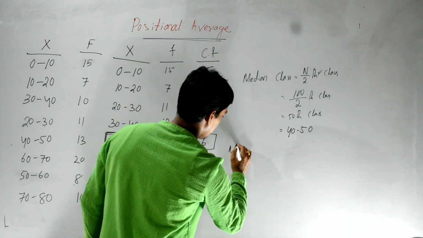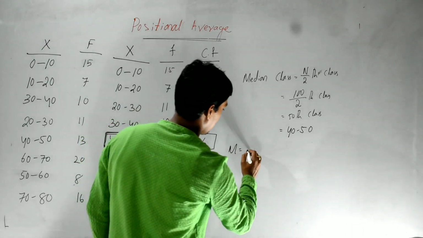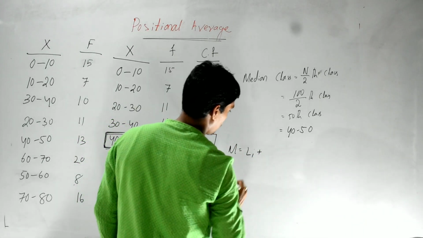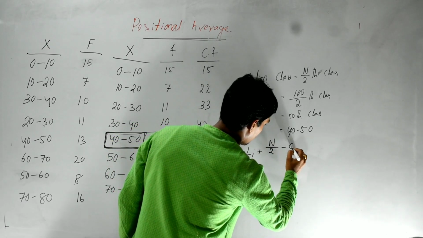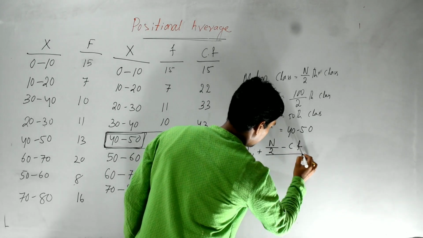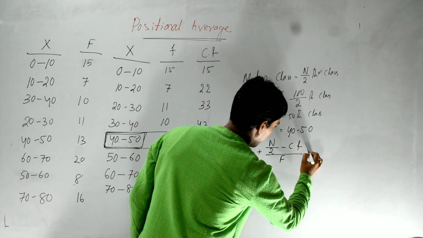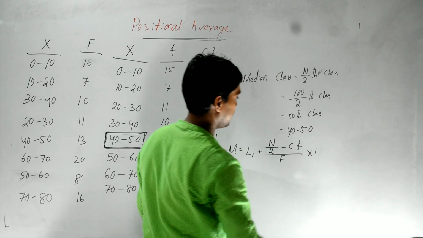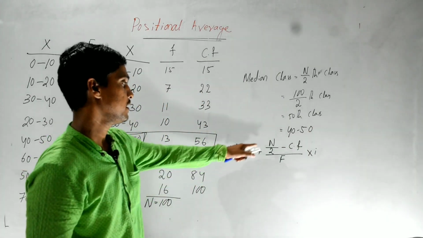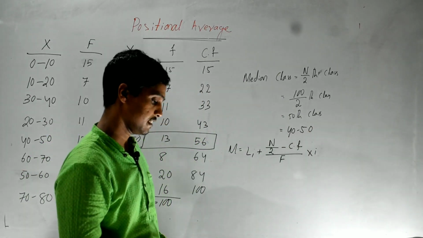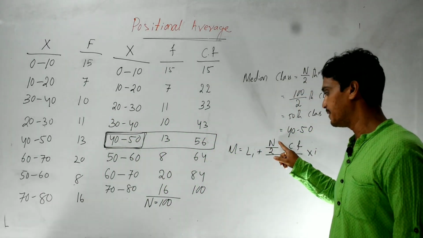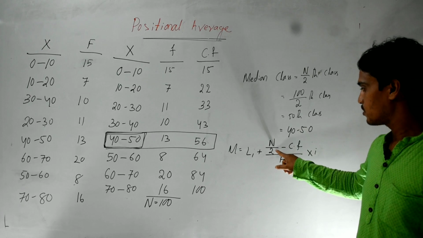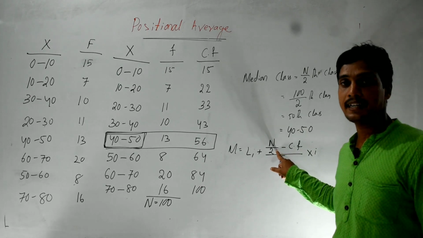So median equals L1 plus n by 2 minus CF, divided by F, into i. Let me clarify that as we are calculating the median here, we divide by 2.